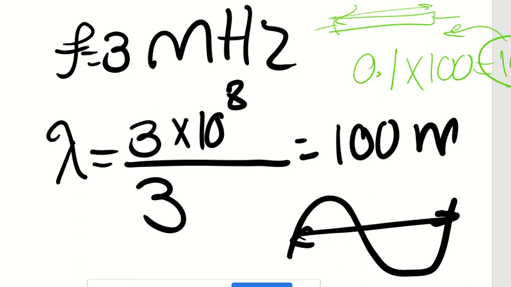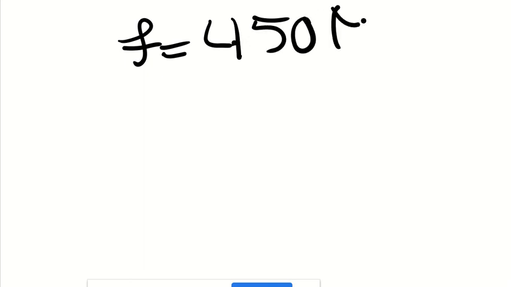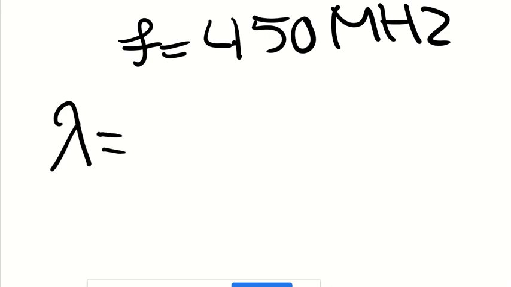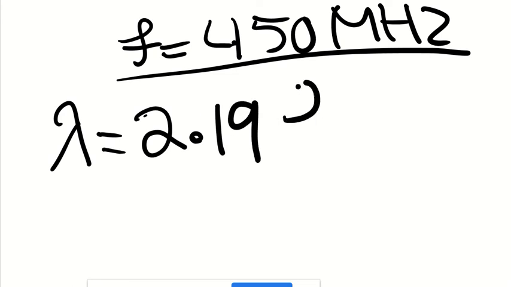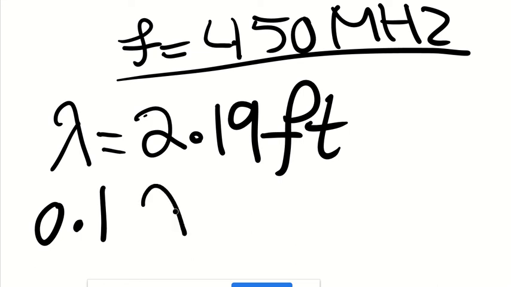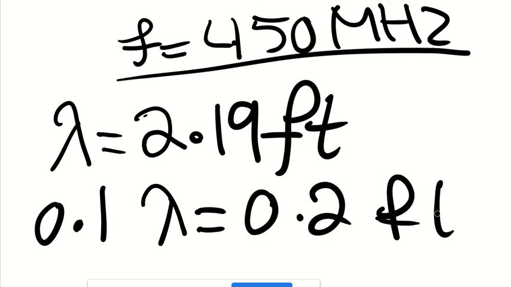Another example, let's say my frequency is 450 megahertz. This is another frequency. Now lambda is, if you do that, you'll get, this is actually the example of the book for this frequency, your lambda would be 2.19 feet. So that means 0.1 times lambda is 0.2 feet, okay?